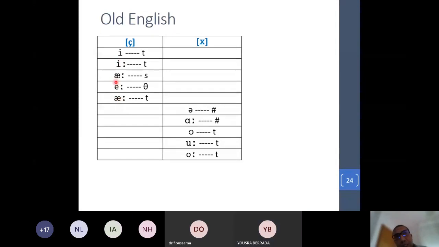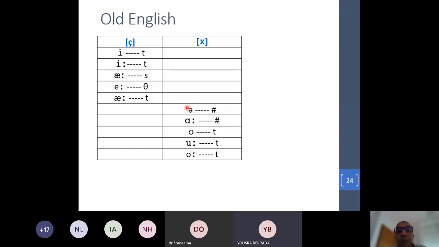So what is very important, this is what I talked about earlier, the natural class. That is, what do these segments have in common? What is the feature they have in common? The feature they have in common is that they are all front vowels. And here they are not front, they are back, plus a central vowel.